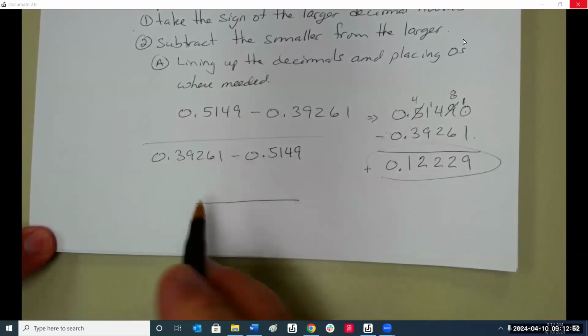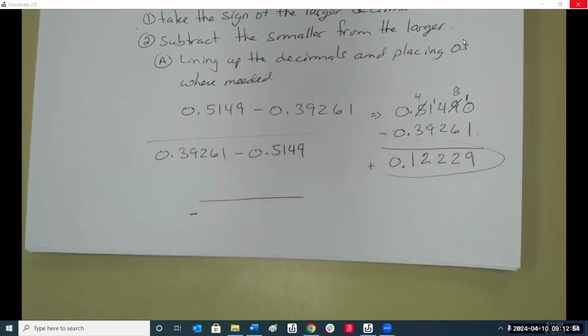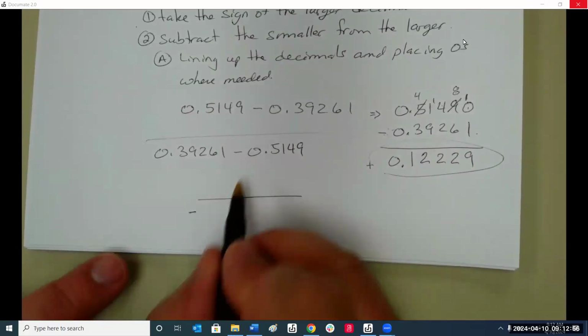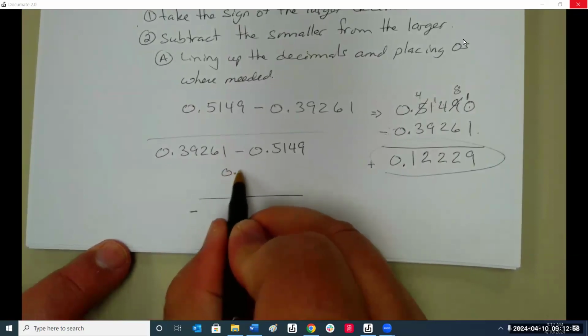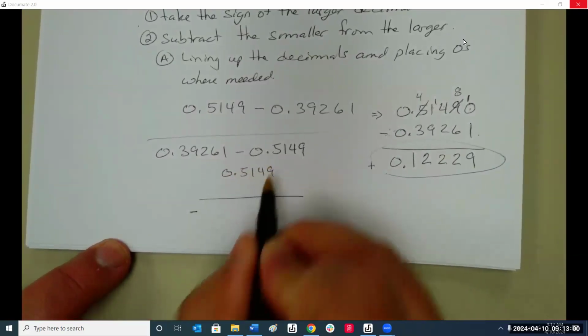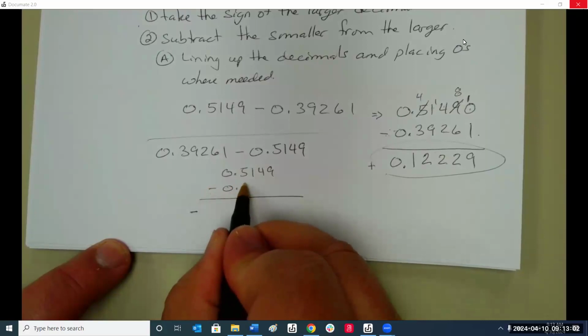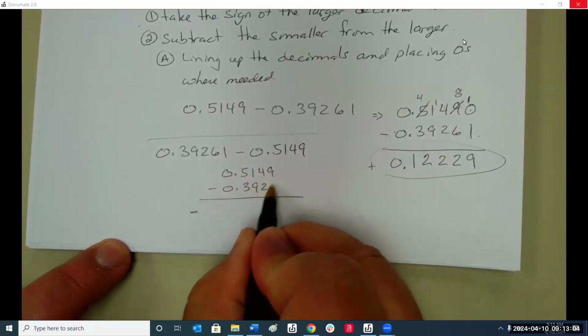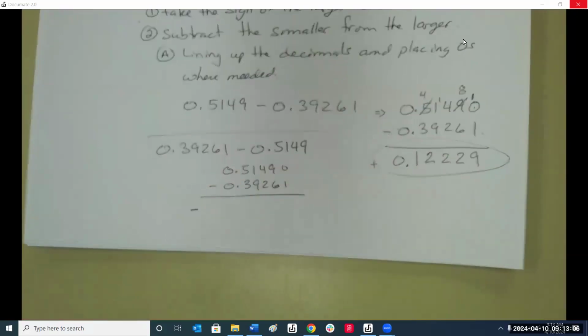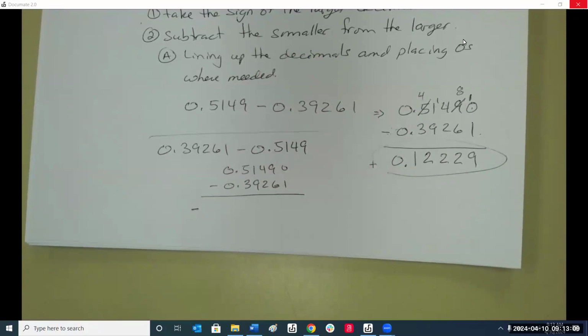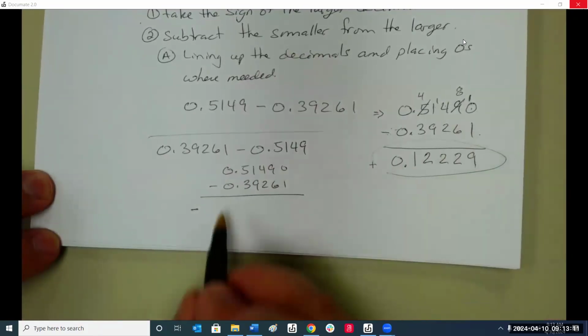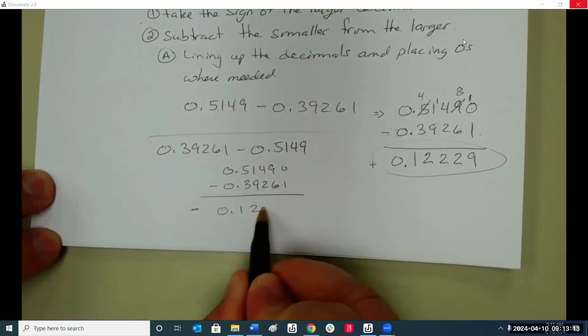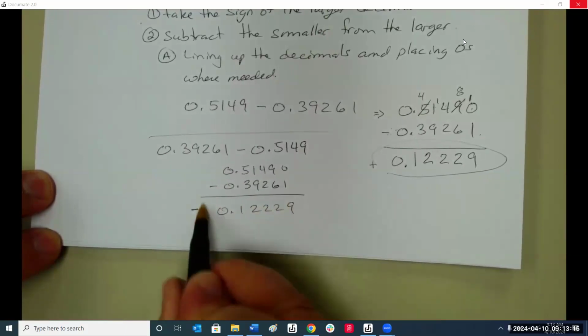The 0.5, and it's negative, so the answer is going to be negative. So now we take the bigger number and subtract the smaller number from it. And we'll get the same answer, except this one's going to be negative.